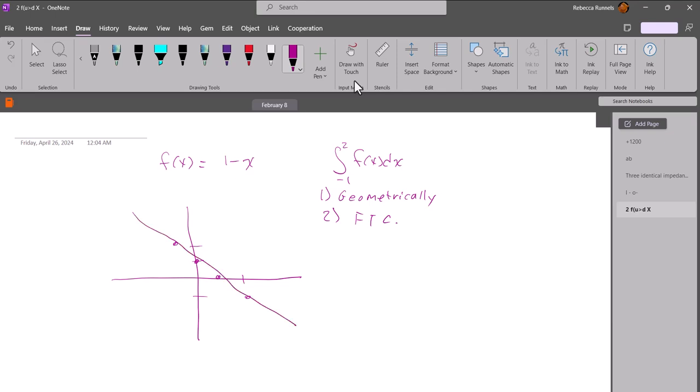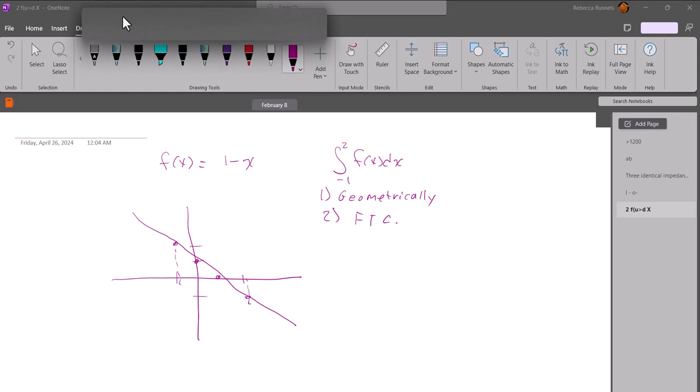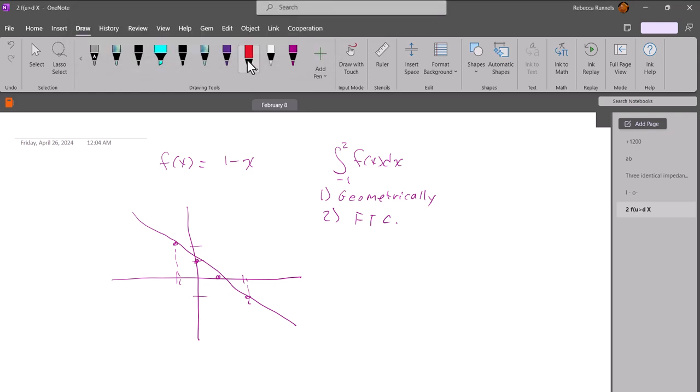And so if we want to evaluate the integral from -1 to 2, then we're talking about the area under this curve from -1 to 2. So we have some positive area and some negative area. Positive area will be the area above the x-axis and negative area will be the area below.